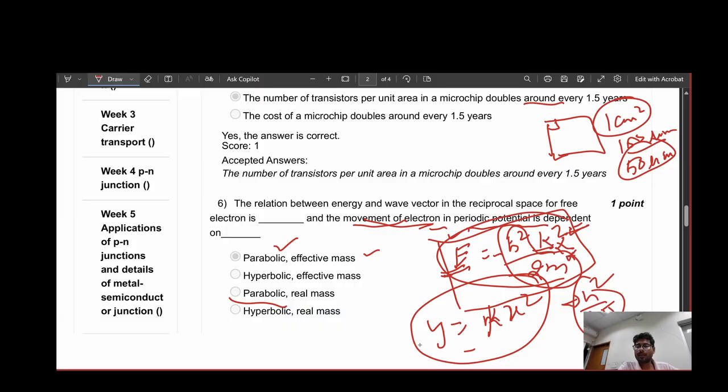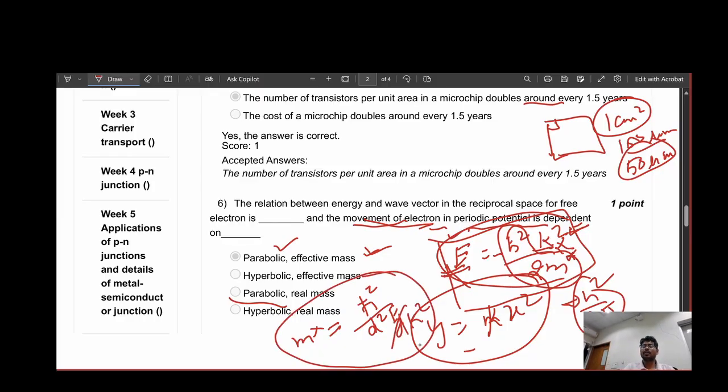The effective mass m star comes out to be h-cut squared divided by d2E by dk squared. This is the relation between the effective mass and the curvature, d2E by dk squared.